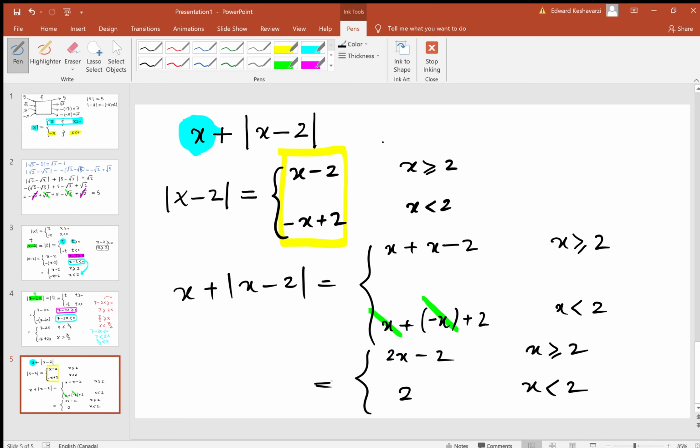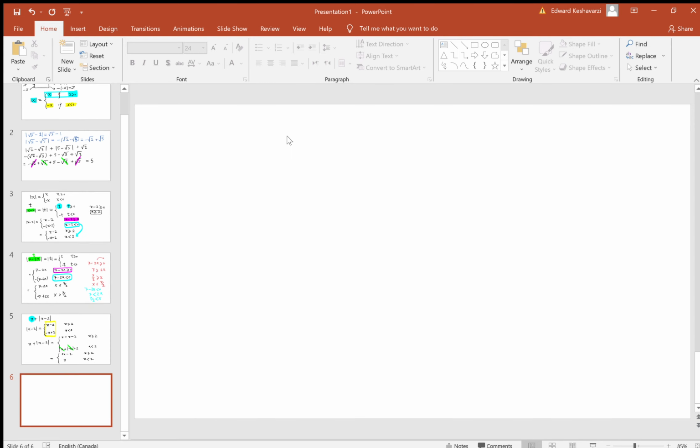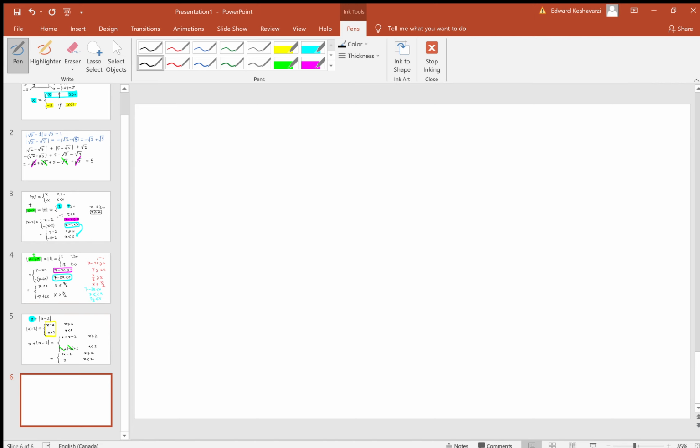And let's have the last example of today's lesson. Okay, so let's have x times absolute value of x minus 1. Again, I suggest you to forget about x first.